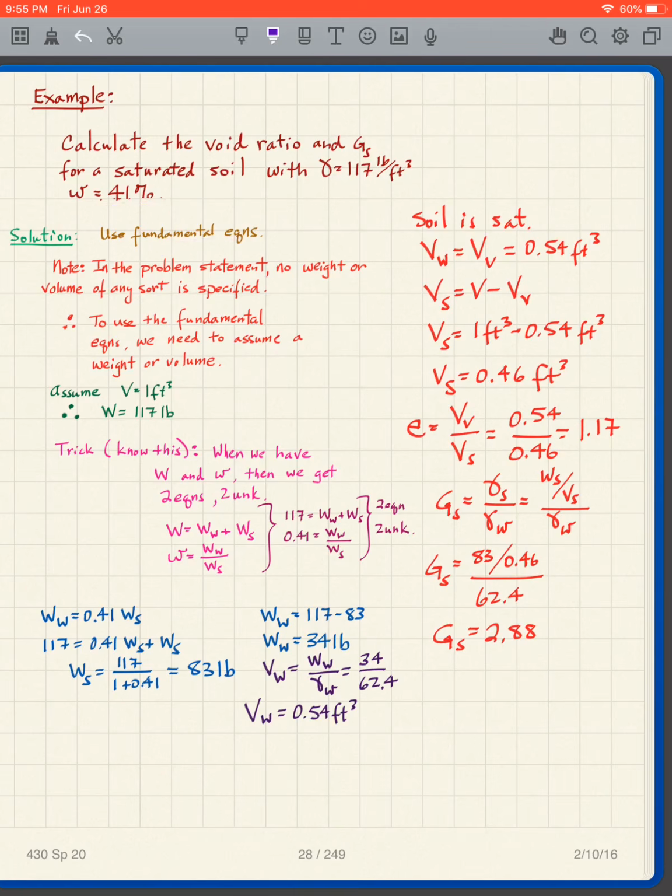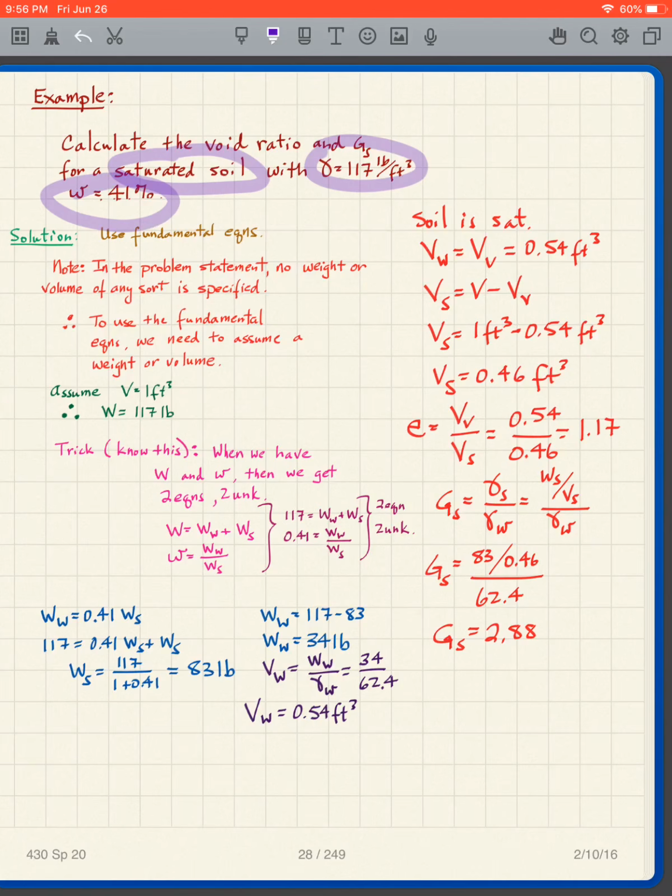So notice, one thing I want you to note in this problem is that no weight or volume of any sort is specified. I read this problem, and what do I see? I've been given a density, I've been given the degree of saturation, because it's saturated soil, and I've been given a water content.